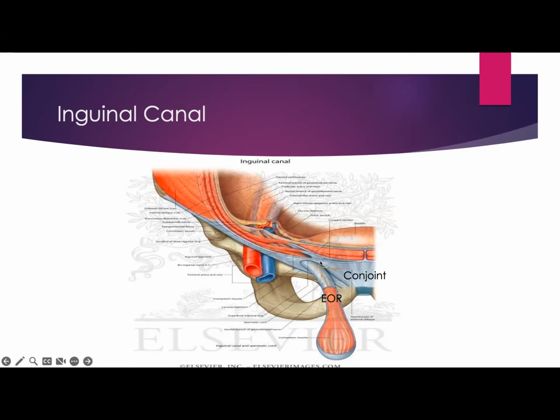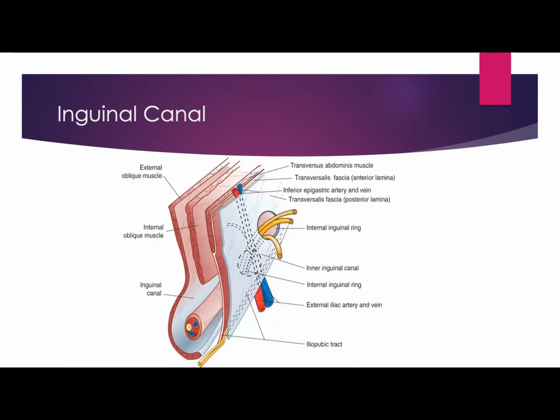The indirect inguinal hernia is going to run through the internal inguinal ring. So the intestines would go through this opening, and then run through the canal, and then go out through the external inguinal ring.